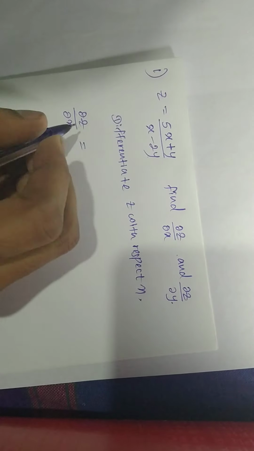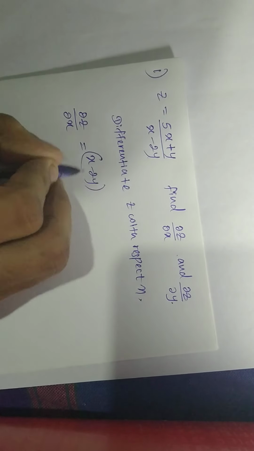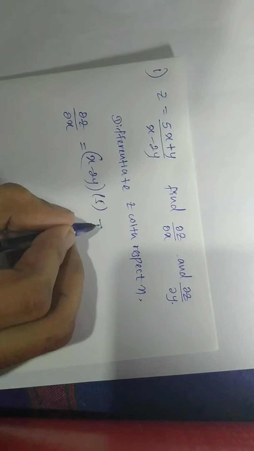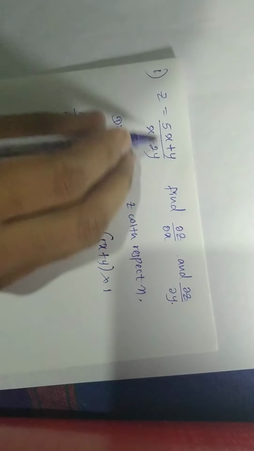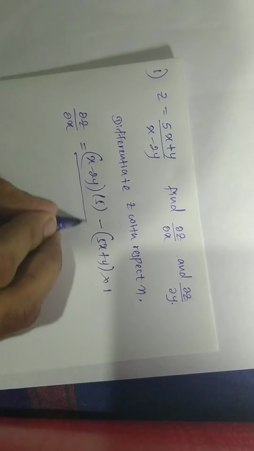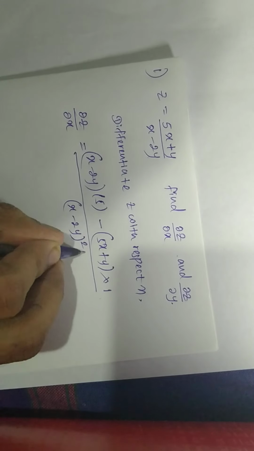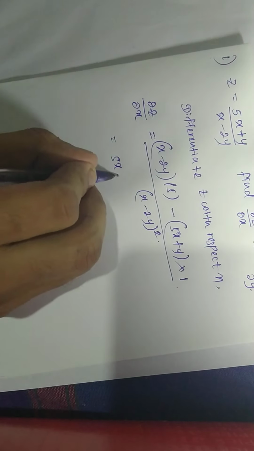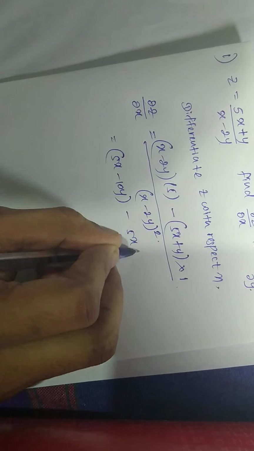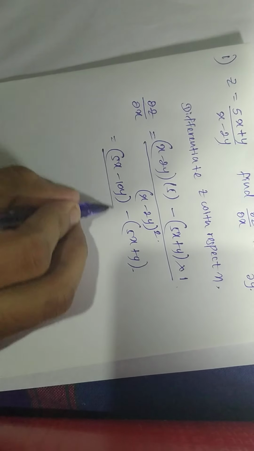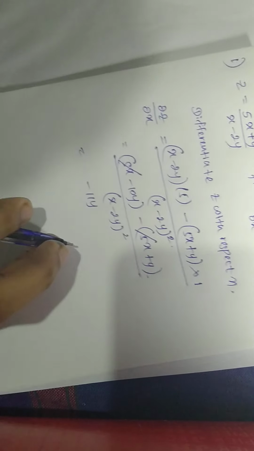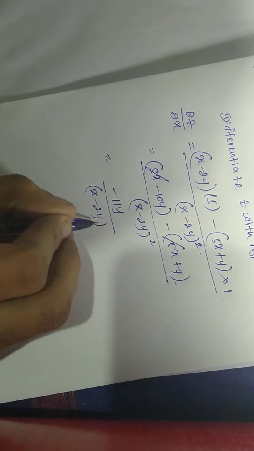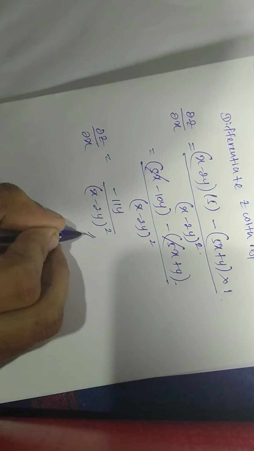Dou z by dou x equals [(x minus 2y) times the derivative of 5(x plus y), where y is constant, minus 5(x plus y) times the derivative of (x minus 2y) with respect to x, which is 1] divided by (x minus 2y) squared. That is 5x minus 10y minus 5x minus 5y, divided by (x minus 2y) squared, which gives minus 15y over (x minus 2y) squared. This is dou z by dou x.